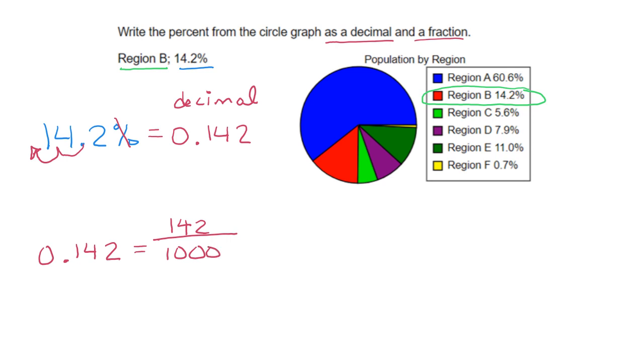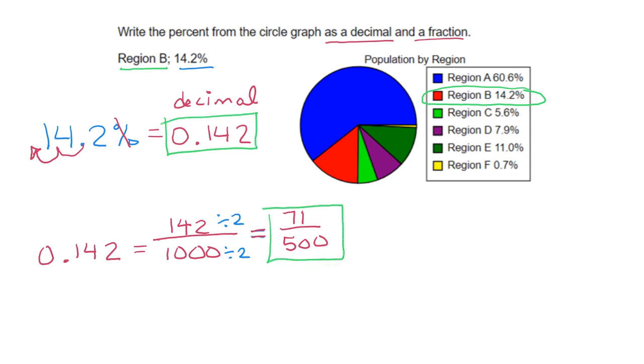And then we have to reduce. We can divide each of these by 2, and that will give you 71 over 500. So this is my decimal form, and the second answer is my fraction. All right, this concludes this lecture.